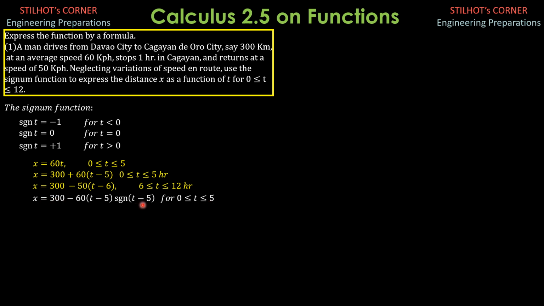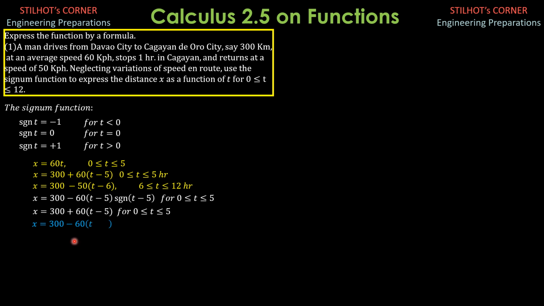That term would be 60 times (t minus 5). So x is 300 minus 300 plus 60 times (t minus 5) for 0 ≤ t ≤ 5 from this formula here.